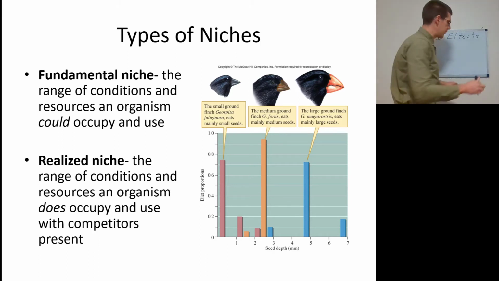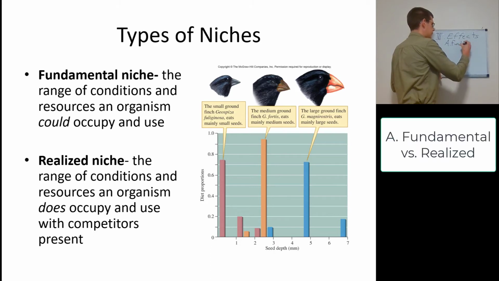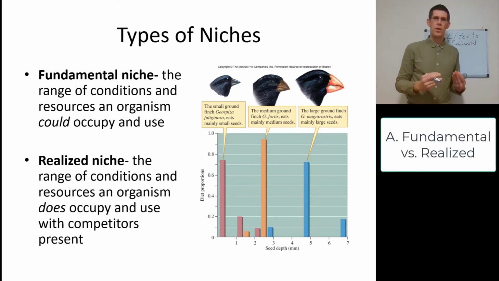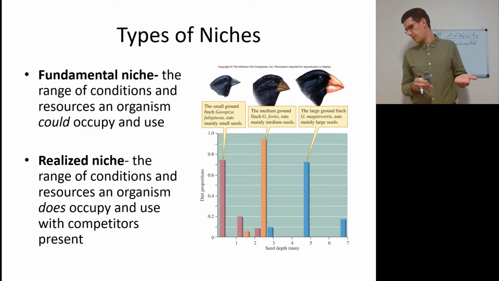There's what I previously defined as your fundamental niche, what the organism is capable of using. In a perfect world where this organism existed and no other competitors existed, this is the fundamental niche of what it could use. So you see Geospiza fortis, Geospiza fuliginosa, and Geospiza magnirostris. Figure out what order those are in.